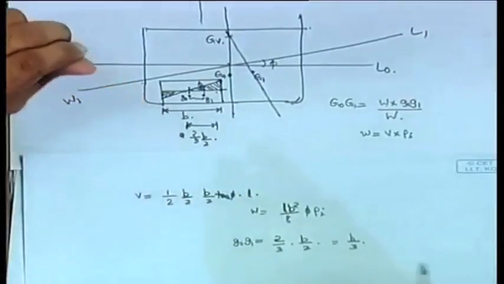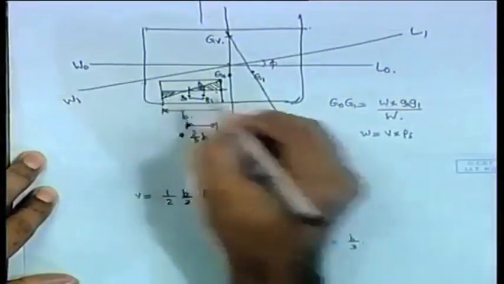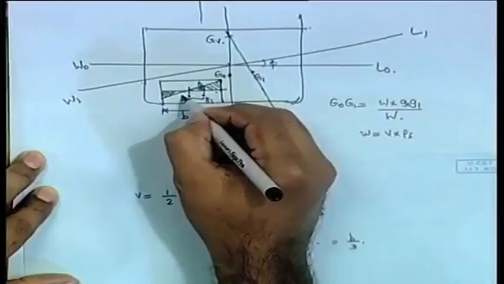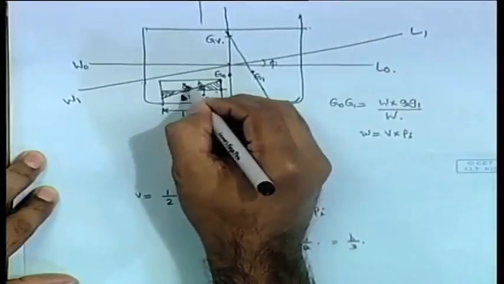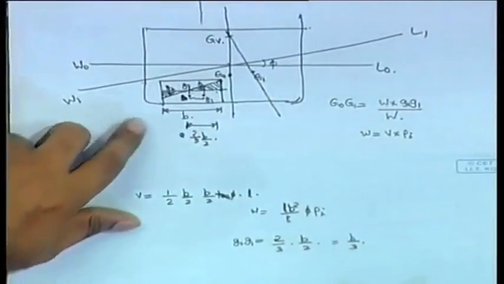Now, here we are trying to find out the movement of the mass. Actually I made a small mistake here: let us call this G0, and let us call this G small g2. Now, what is small g2? I will tell you.